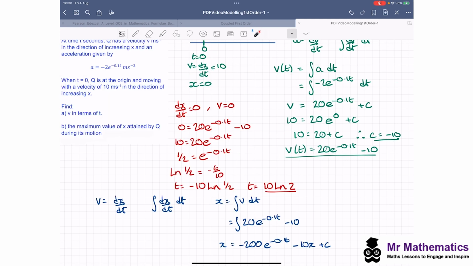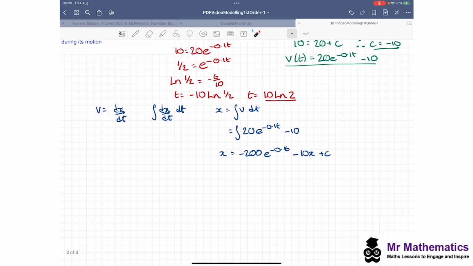And again, if we go back to our boundary conditions, we know that x is 0 when t equals 0. So we can substitute these in. We get 0 is negative 200e to the 0 minus, this will become 0, so we'll plus the constant. We know e to the 0 is 1, so the constant will be equal to 200.